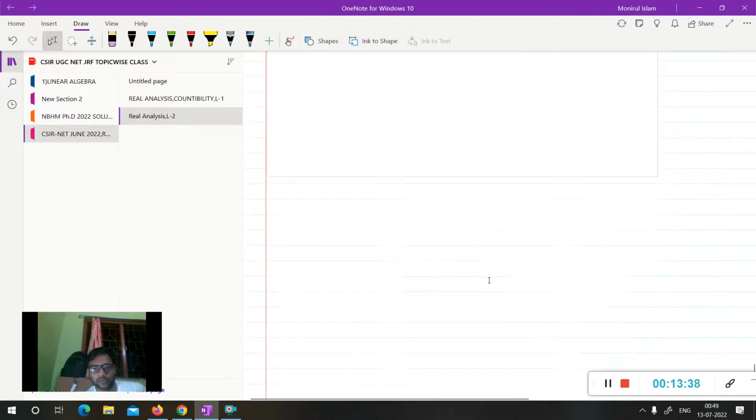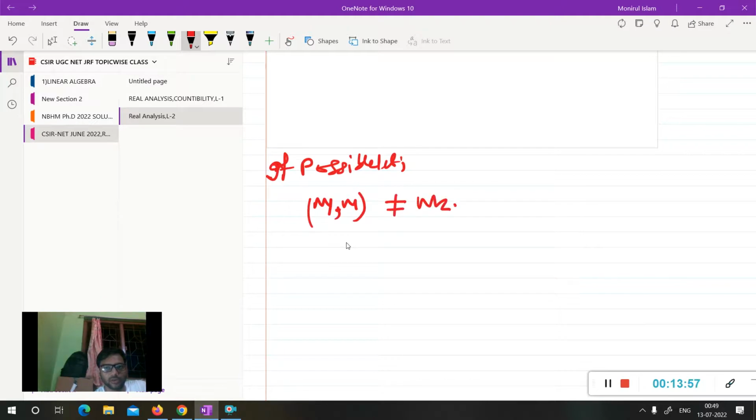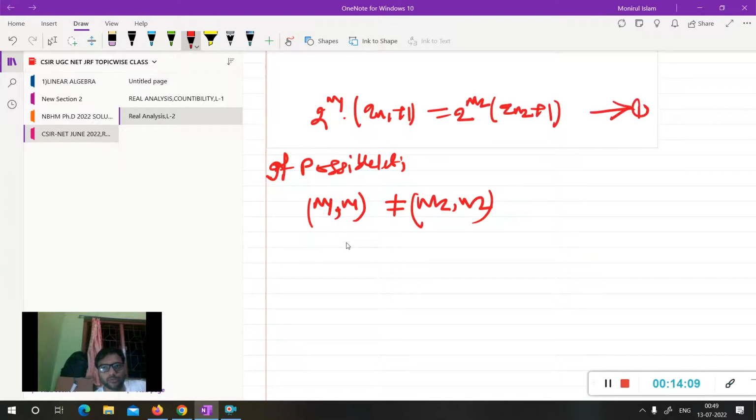So for contradiction, I am assuming, if possible, (m1, n1) not equal to (m2, n2), and we have 2 to the power m1 times (2n1 plus 1) equal to 2 to the power m2 times (2n2 plus 1). This I name 1.